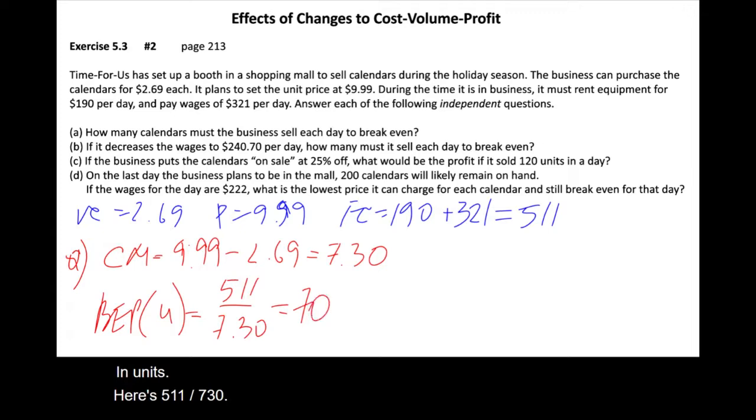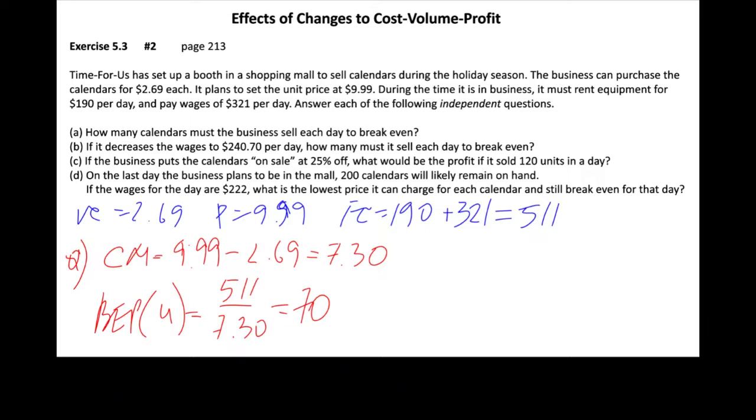$70. So they have to sell 70 calendars to break even. So far, any questions? Sorry, so that's 70 calendars every day.